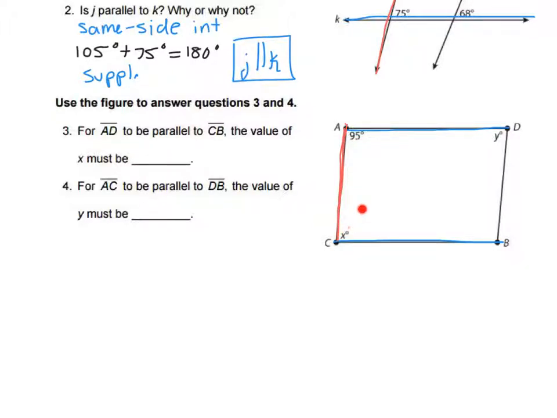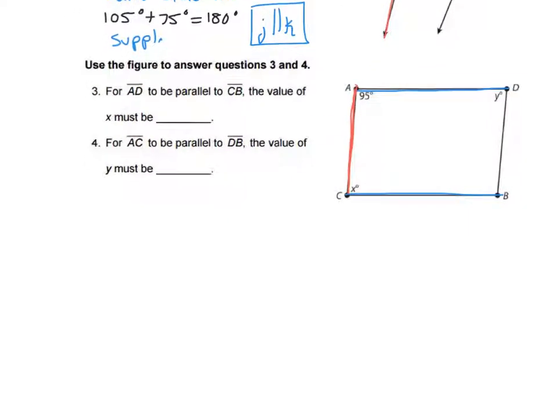So let's see what we know about these two angles. These two angles we would classify as same side interior. And we know that if we would like these lines to be parallel, then the same side interior should be supplementary.